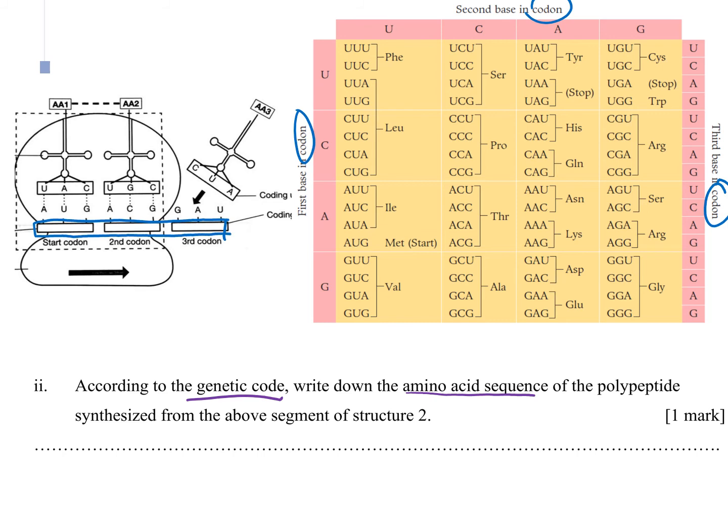So what you need to do now is take a look at the codon and then match it one by one with the amino acid. So let's start with AUG and then ACG and then GAU.